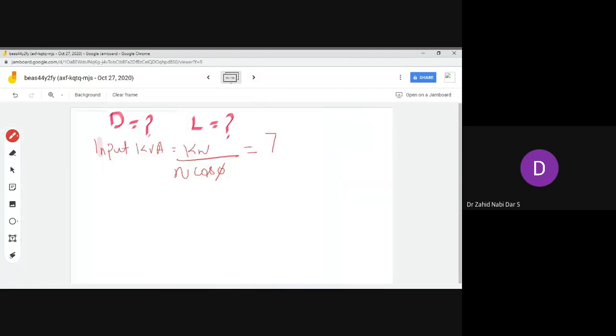Efficiency is given as 0.86, and cos phi is mentioned as 0.87. So you get the value of input kVA, around 10.02 kVA.